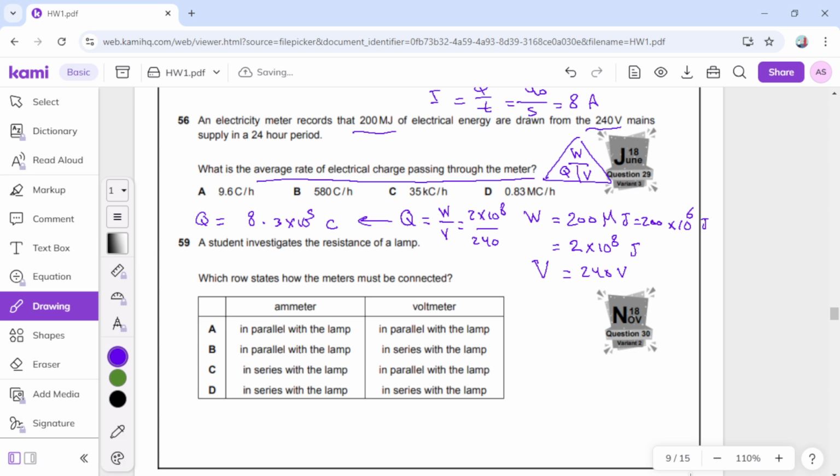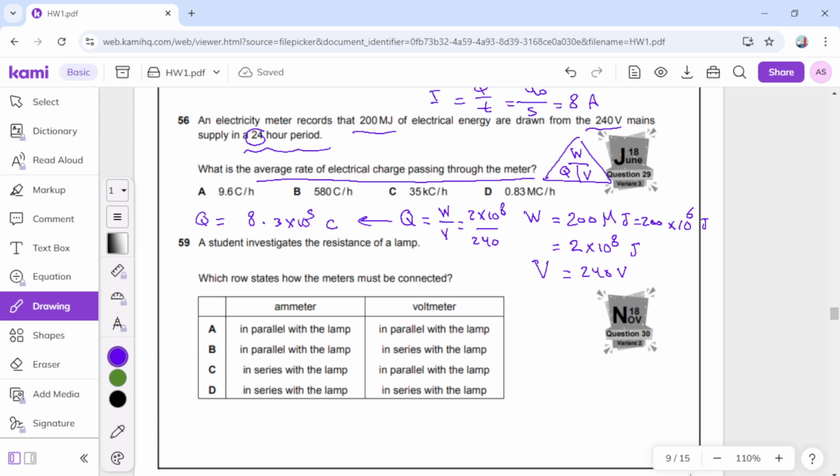He asked to find the average rate, per hour. Because the charge is in coulomb and he said 24 hours, you have to divide by 24.